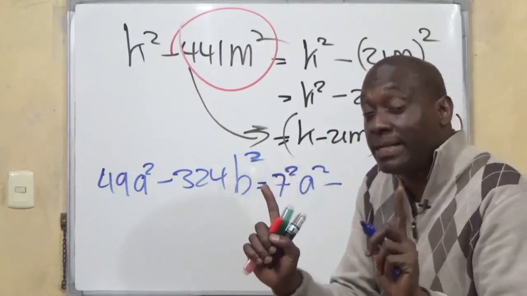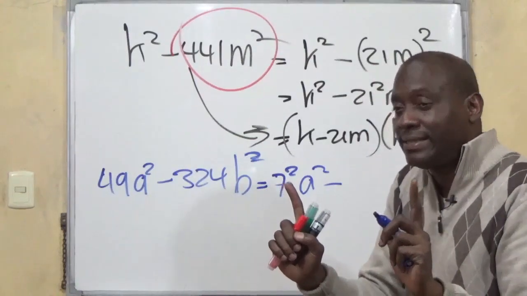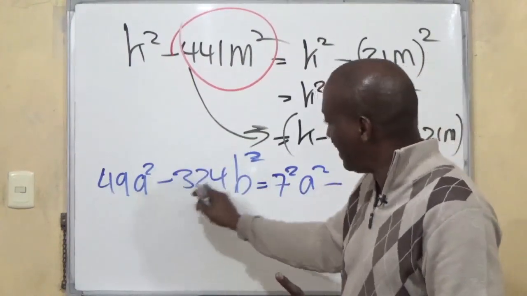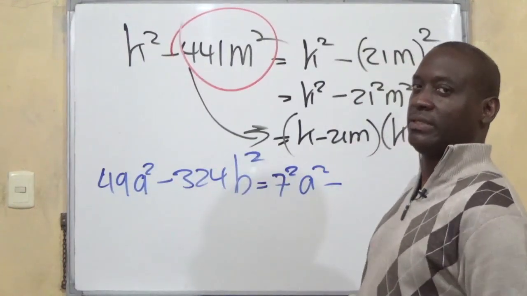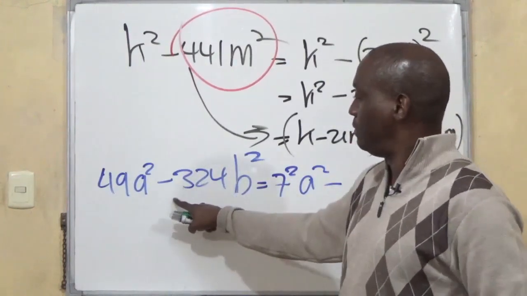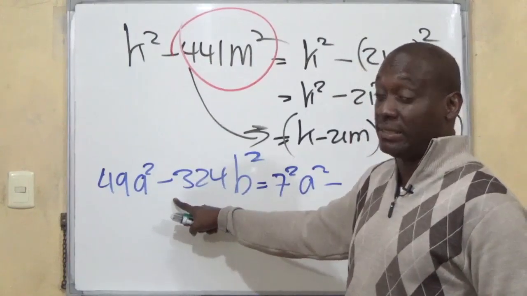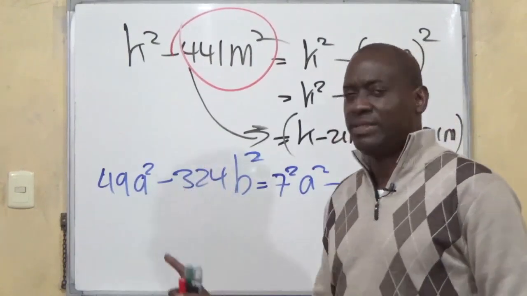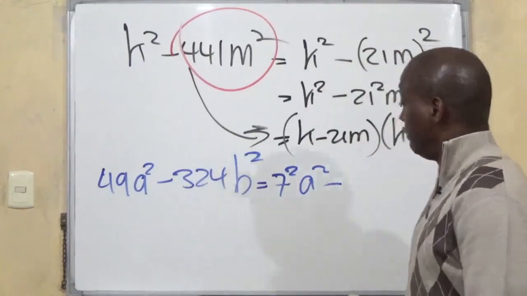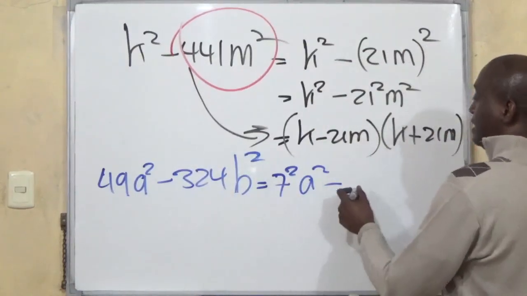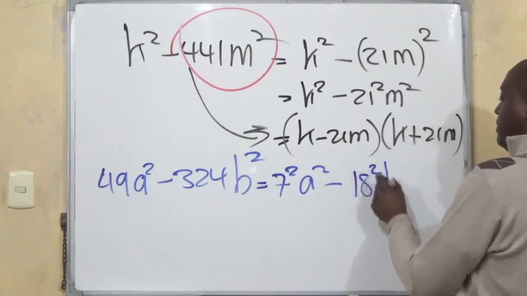Well, the common sense part is simple, in the sense that you have enough clues here that will tell you that maybe the question is a difference of 2 squares. So even if you don't know the square root of 324 by heart, you have enough things that will tell you, well, alright, let me double check this. And if you have a calculator, double check it and you realize that that is 18 squared, b squared.